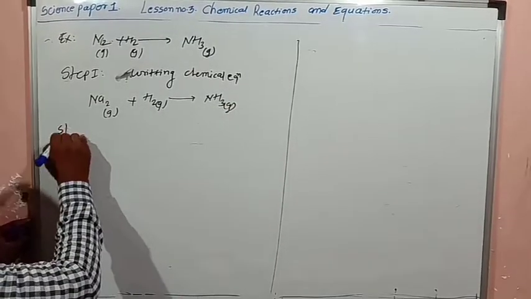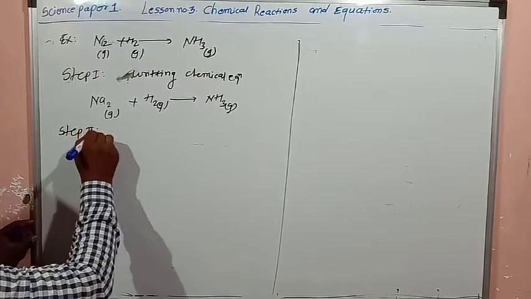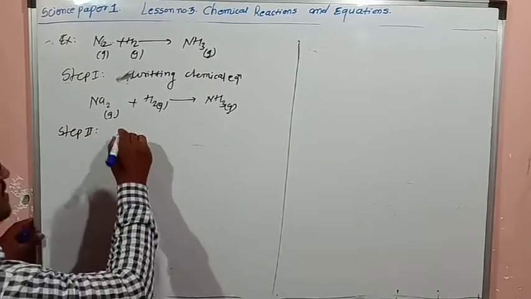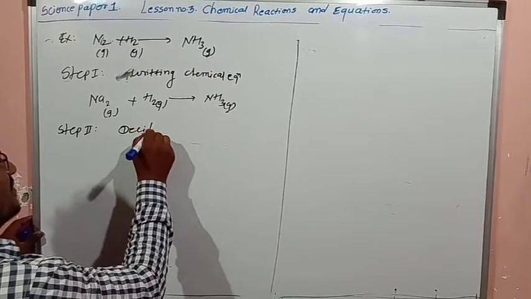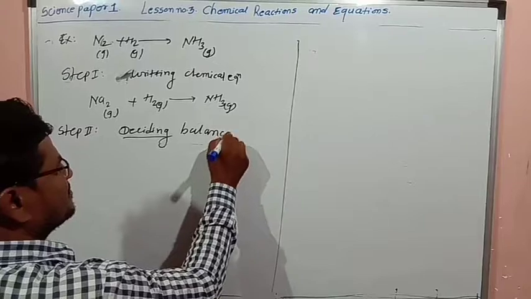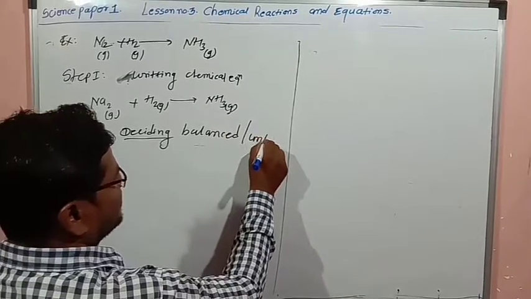The second step is deciding whether the chemical equation is balanced or unbalanced.